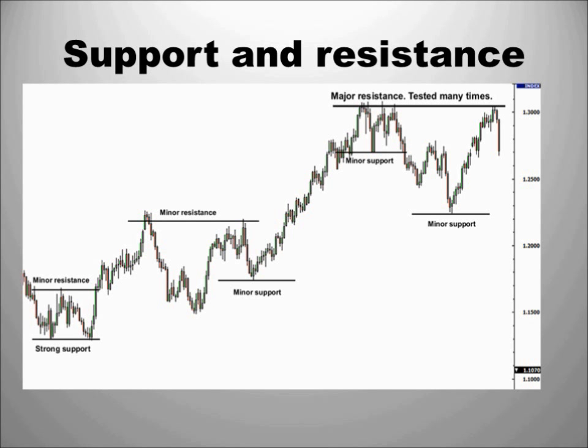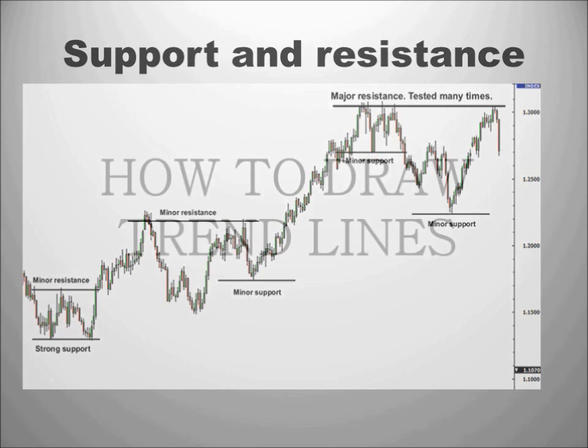Also, we see strong support and weak support throughout this chart. So there really is no way of determining where to open a position based on reading support and resistance alone. However, support and resistance is a good way of guiding us and giving us an idea as to where a good place might be when we decide to open a position.